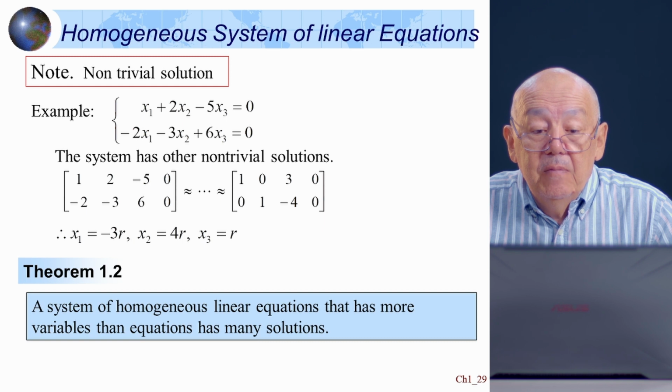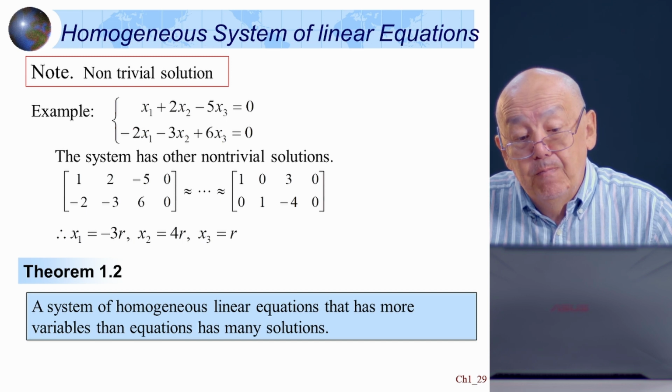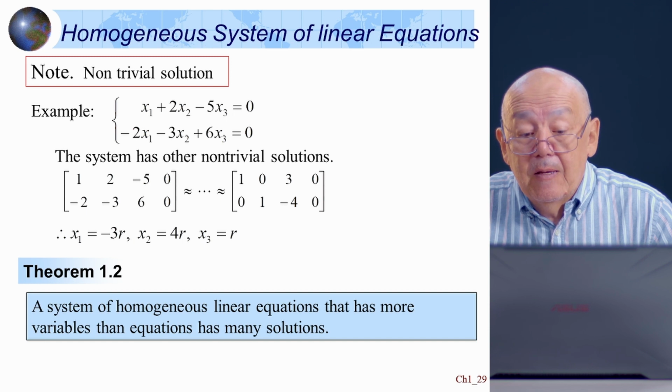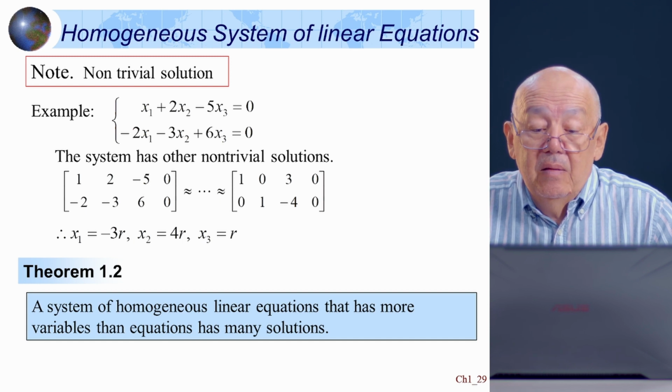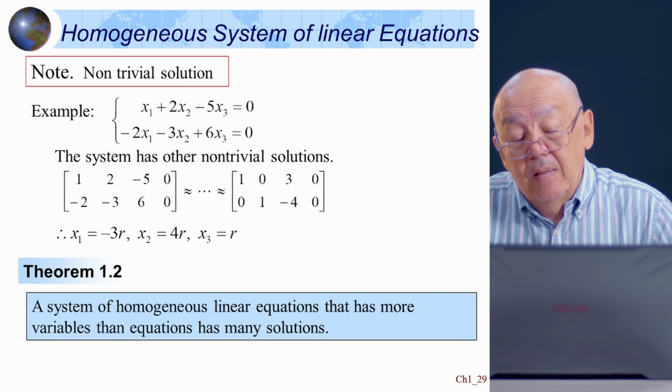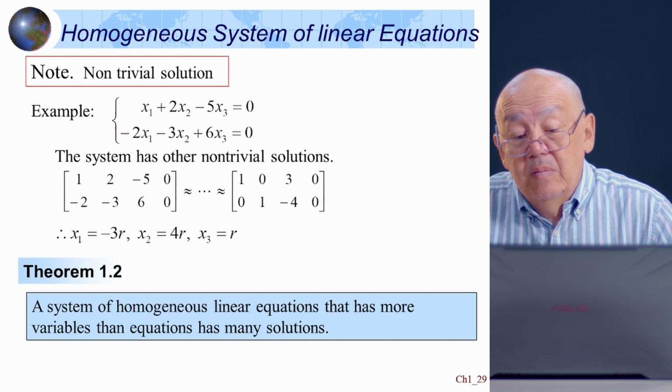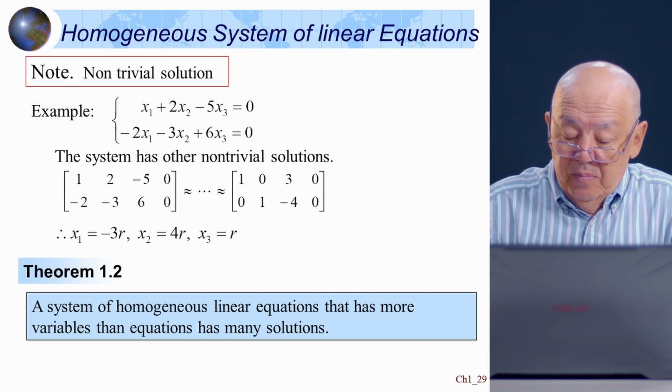In this example, you have a system of two equations in three variables. Obviously, it is consistent because it is homogeneous. It is also consistent because the number of variables is more than the number of equations. It has many solutions, and you see, applying the method to get REF.